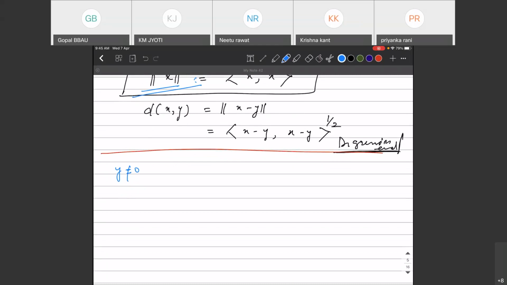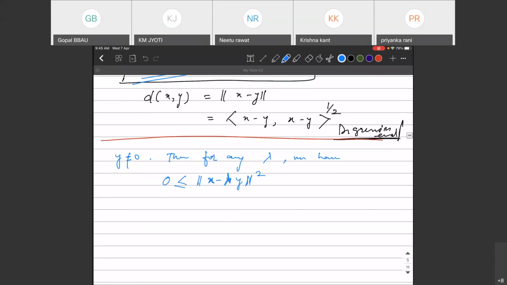So if y is non-zero, then for any scalar lambda we have the norm of x minus lambda y. This is the trick. By definition of the norm, this is always greater than or equal to 0, correct? It is 0 when x equals lambda y.